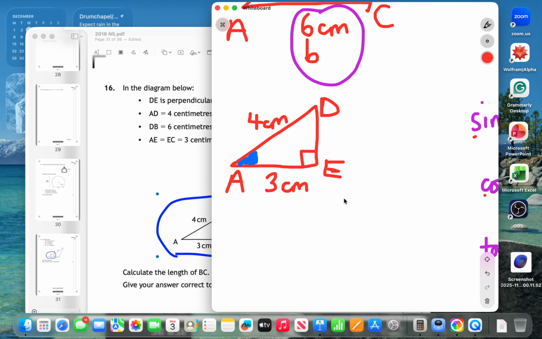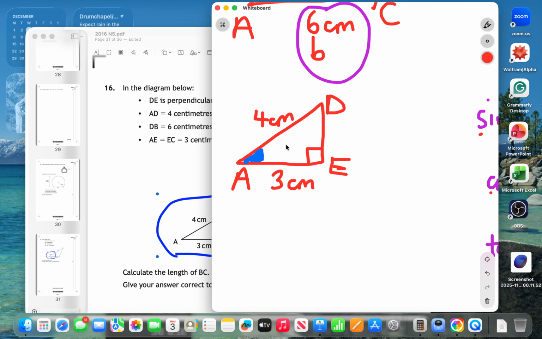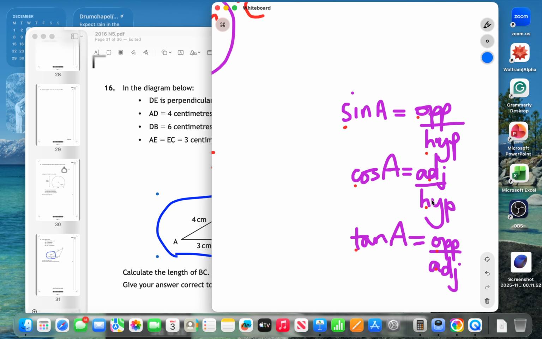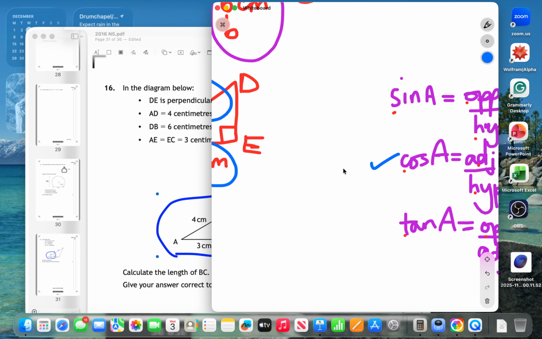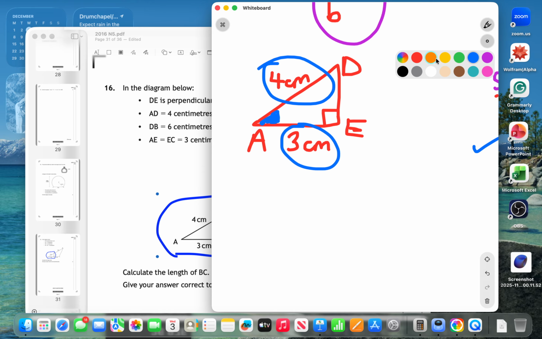We have a look at what information we know and what we want to find out. We know the hypotenuse. We know the adjacent. So we know the adjacent and the hypotenuse. So we can use the cosine of A equals the adjacent over the hypotenuse. We plug in, we get the adjacent is 3 and the hypotenuse is 4. The units are the same, so we just put 3 over 4.